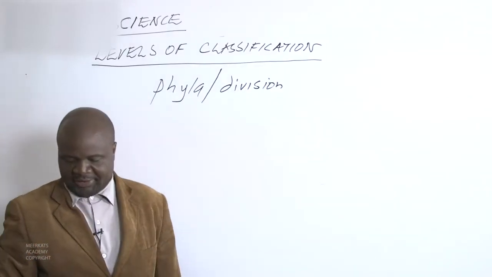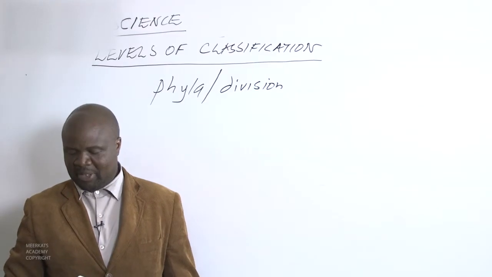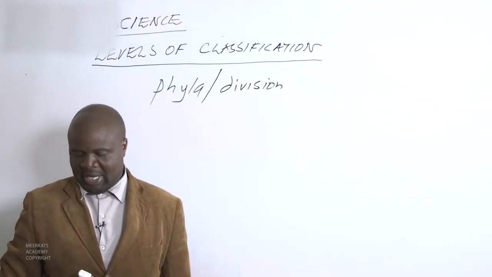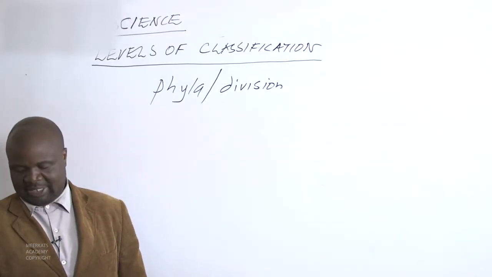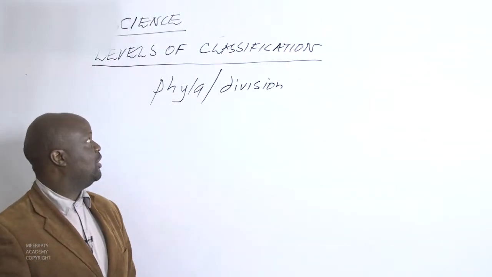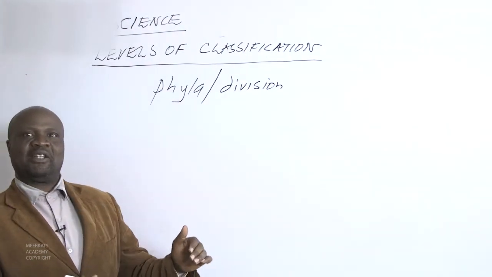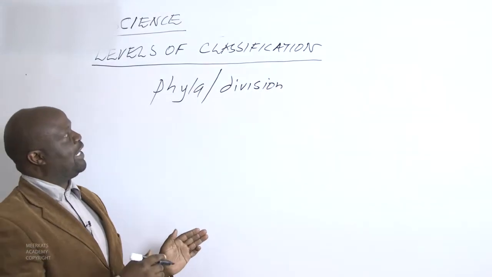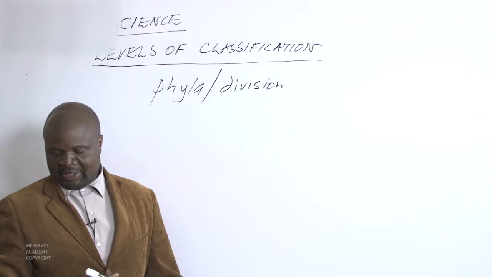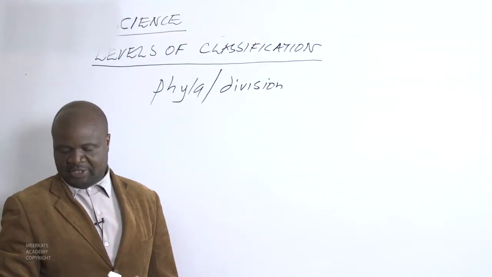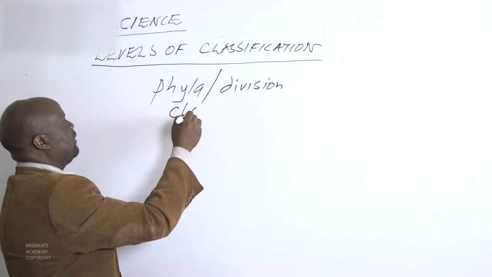So we are saying that the second level, the phyla, in singular is the phylum, and in the plant kingdom, phylum is not there, but instead we have divisions. So when we move from the first level of the kingdom, we shall go to the phylum or division. Then from the phyla or division, the third level, the divisions are divided into classes.